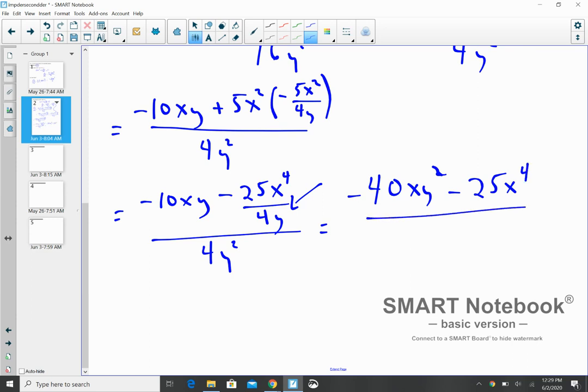And then since I'm putting 4y downstairs, there we go. Multiply the 4 by 4 is 16. y times y squared is y to the third.